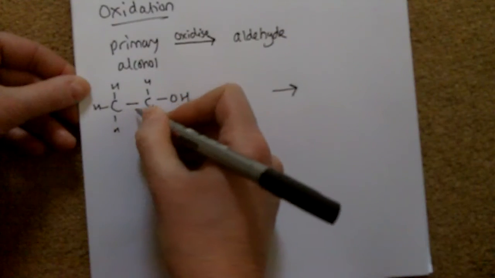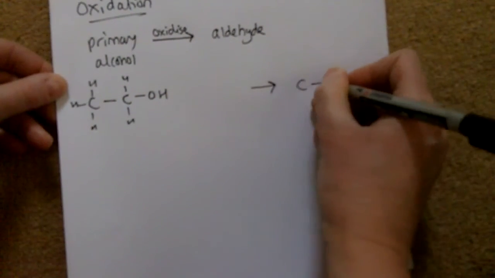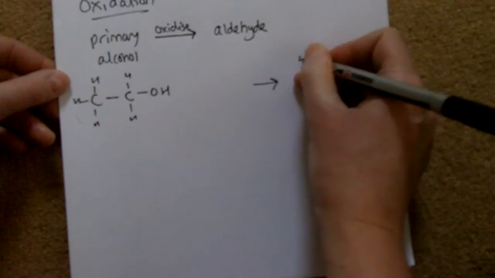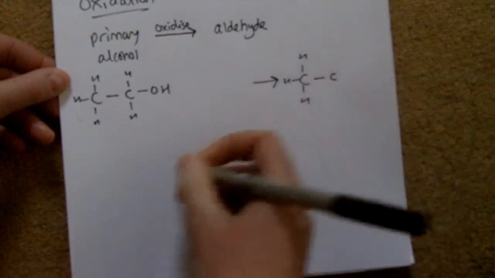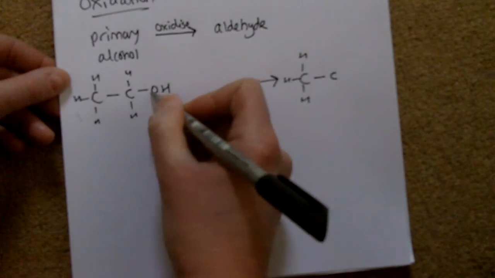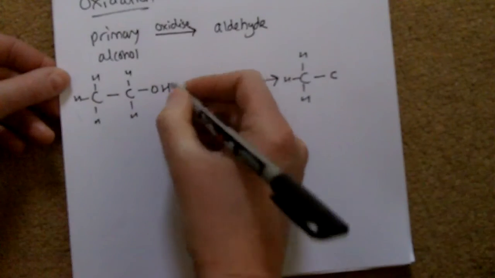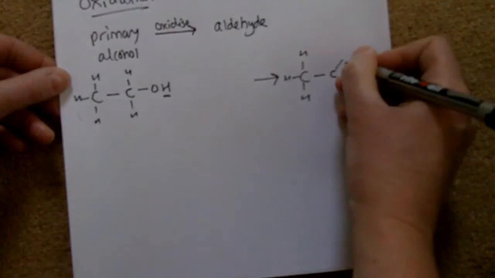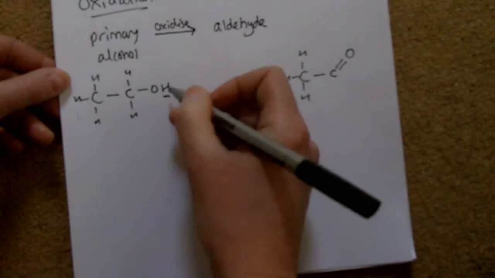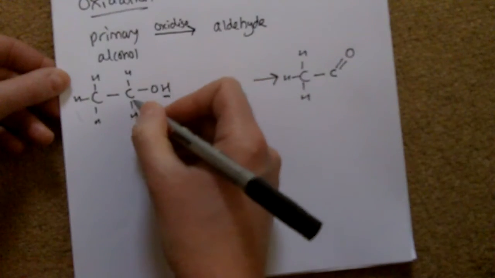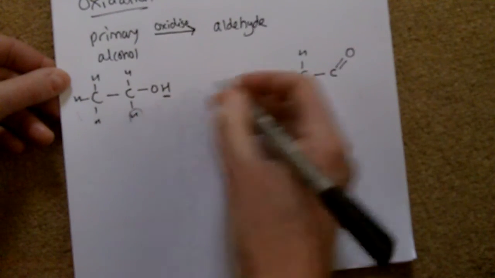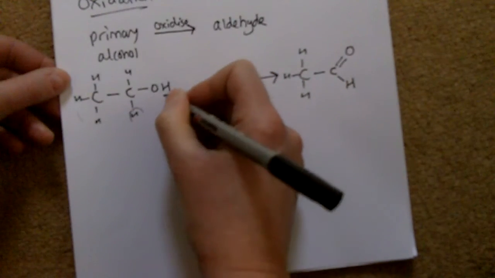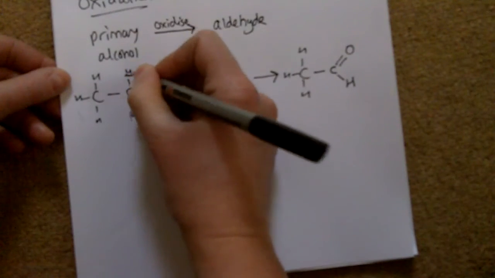Right, so you've got 2 carbons, so the 2 carbons, okay, and then the 3 H's, so they're exactly the same. Okay, but instead here, we're going to remove that hydrogen, and we're going to put a double bond O. Okay, and then also we've got this hydrogen is still there as well, and so we're actually removing that hydrogen and that hydrogen.